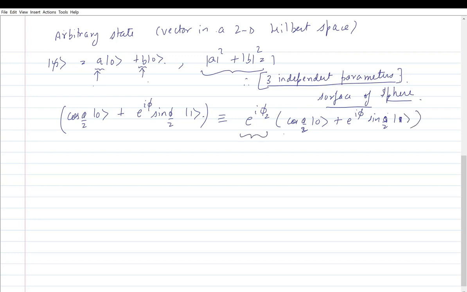So an overall phase in front of a qubit doesn't really matter, but the relative phase between the 0 and the 1 is going to matter, as we shall see.